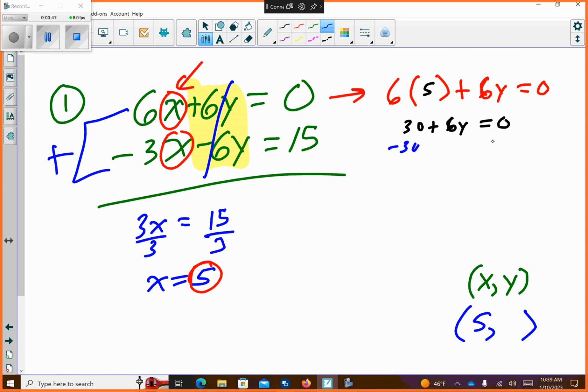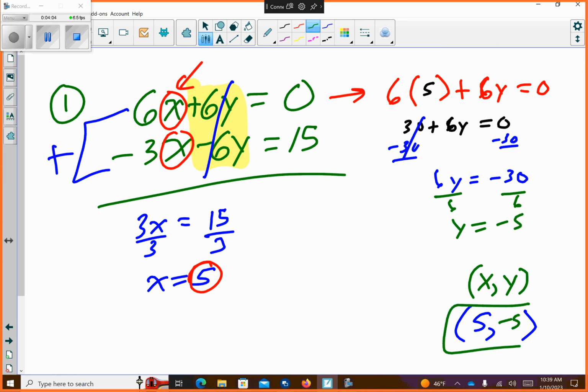Subtract 30 from both sides, good. Those cancel, 6y equals negative 30. Divide by 6, divide by 6. Help me out. Yeah. So I now have a thought process in order to get a solution to this problem.